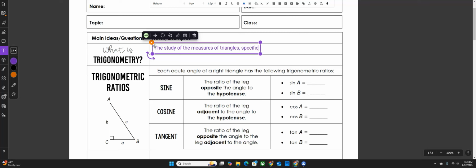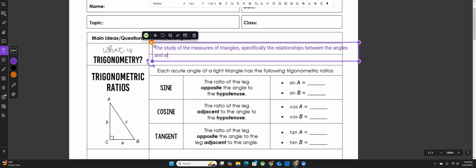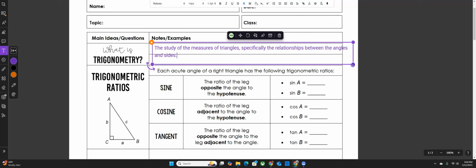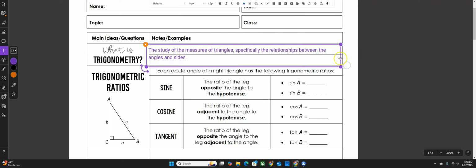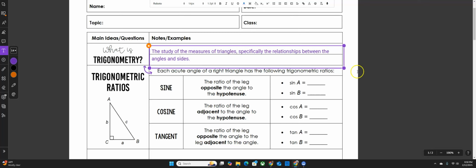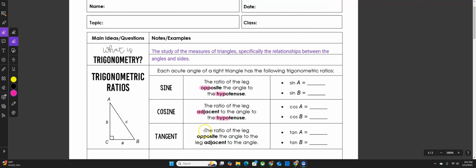Specifically, the relationships between the angles and sides. And that's what we're going to set up today. Again, this is the most important lesson in this entire unit as it is foundational. So let's go ahead and talk about that foundation.